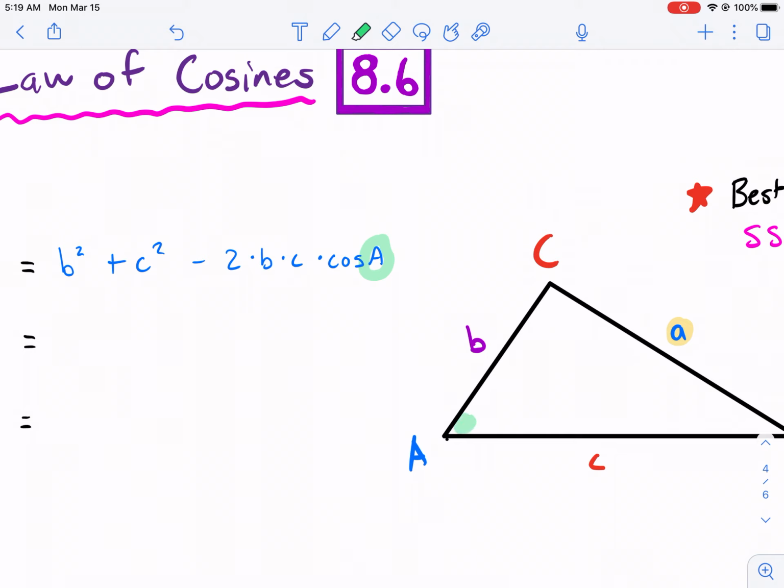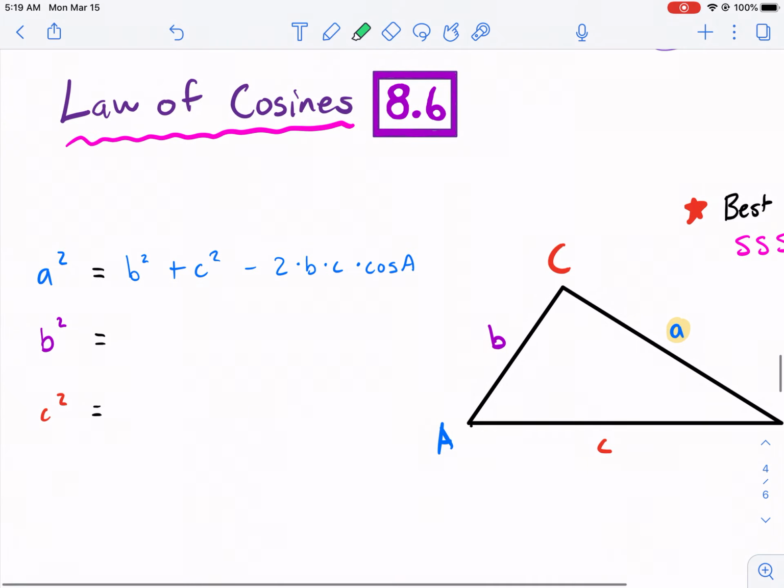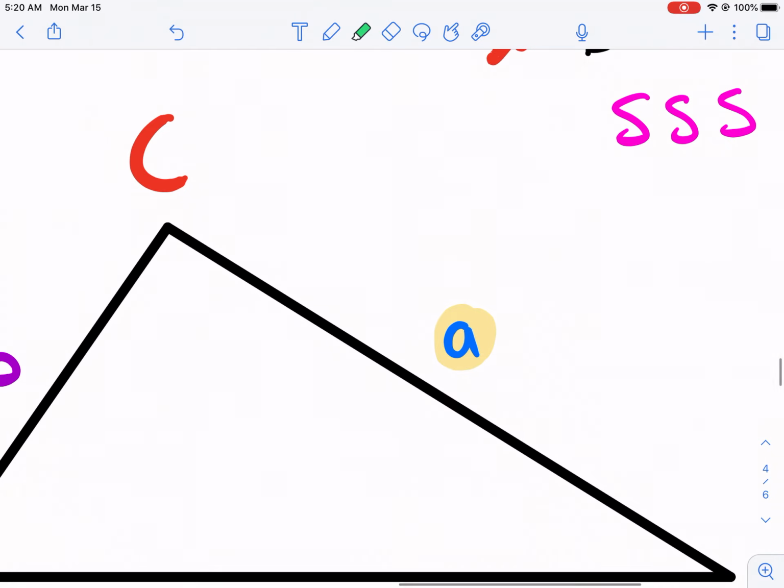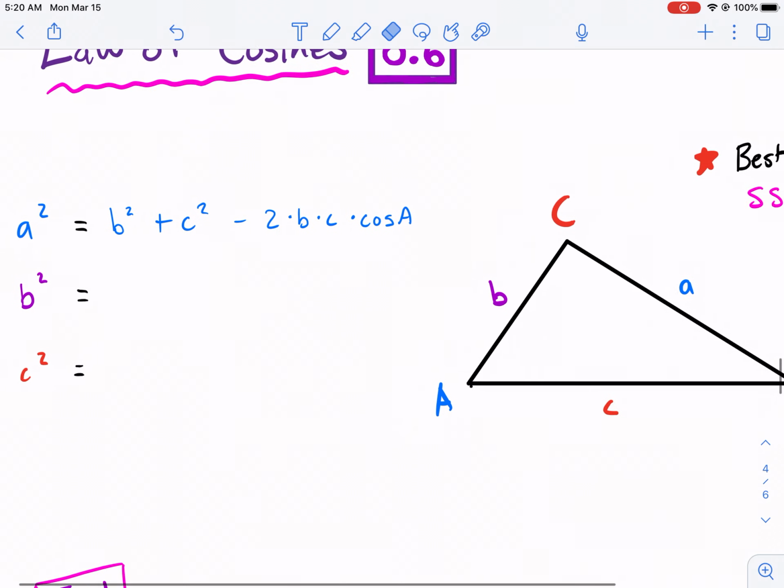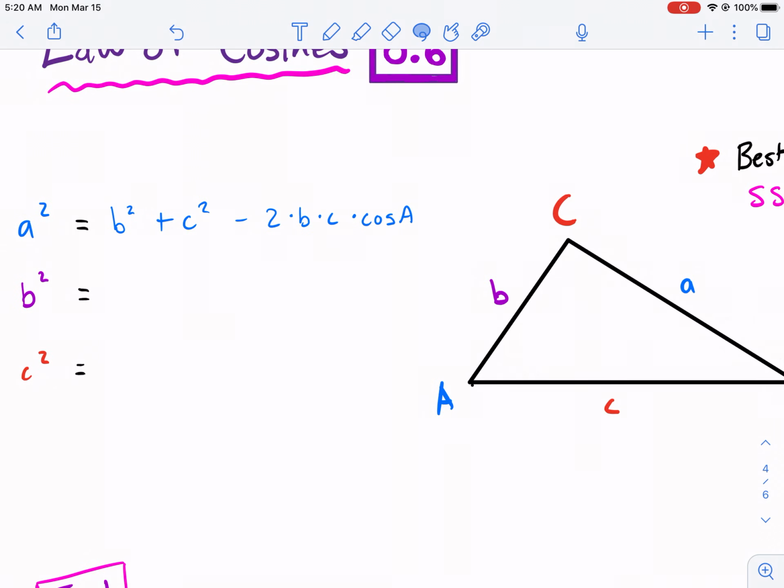You would just need to know the three sides, and then you could find that angle measurement by using inverse trigonometry. So it's another way to go about solving for the triangle, just in a different way than the law of sines.